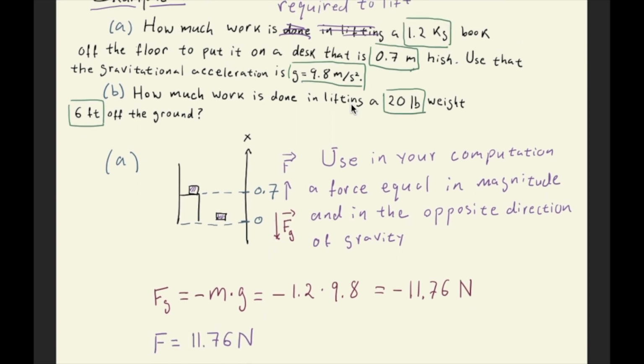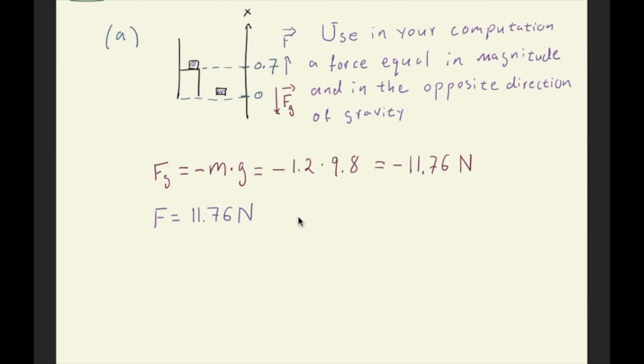The displacement here is the 0.7 meters, right? So our displacement is 0.7 in meters, and so the work required will be 11.76 times 0.7, which is equal to 8.232.